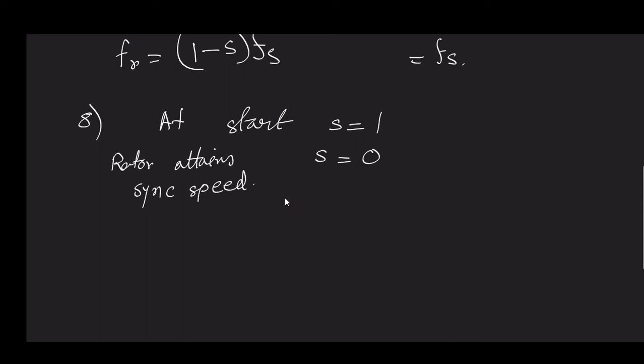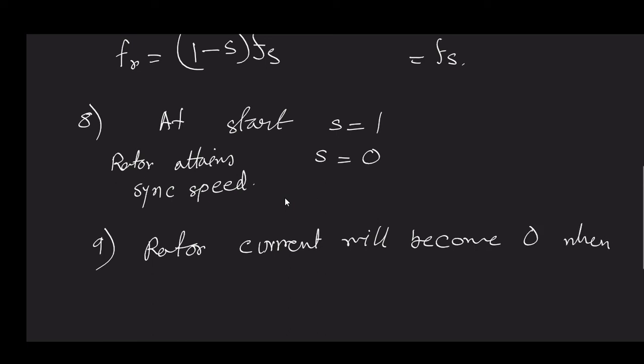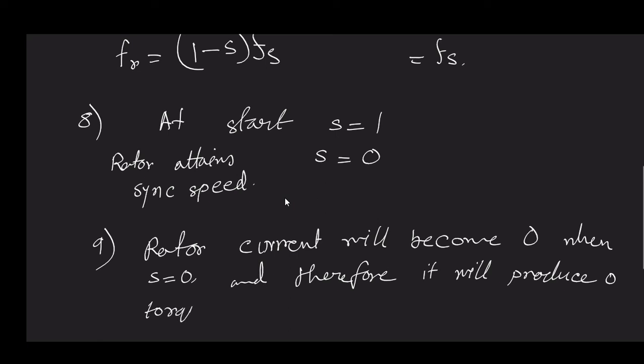The EMF induced across the rotor and its current frequency are directly proportional to S, and once your rotor reaches synchronous speed, there will be no current flowing through the rotor bars, and therefore it will produce zero torque.